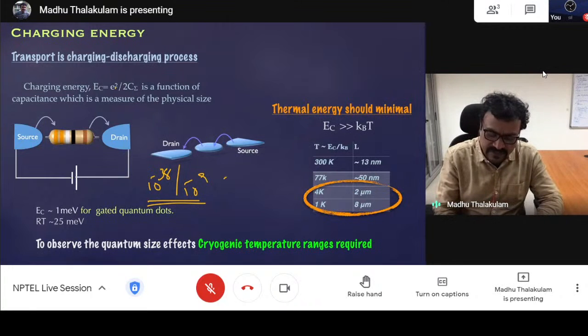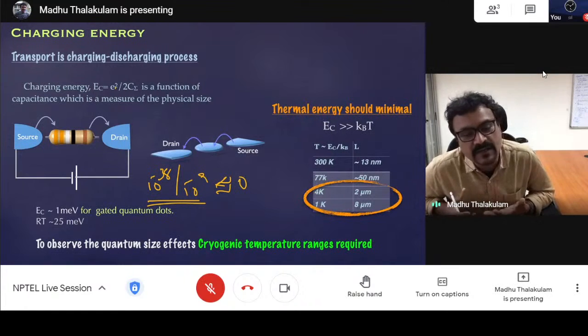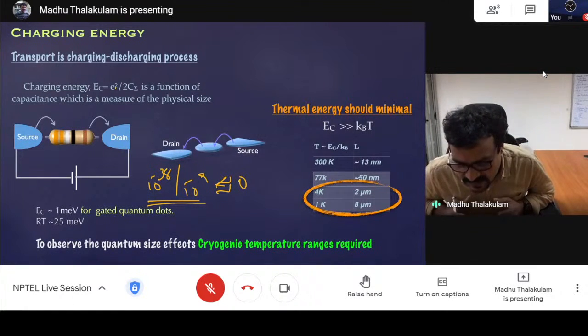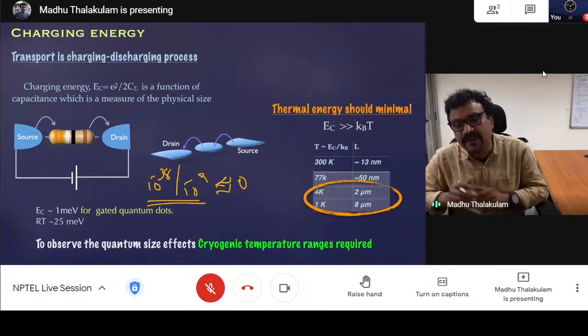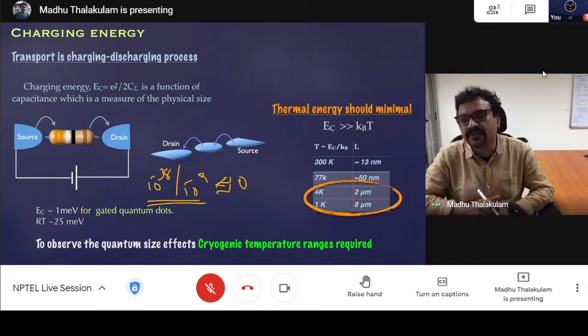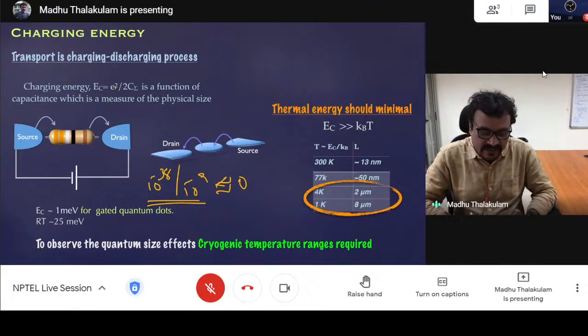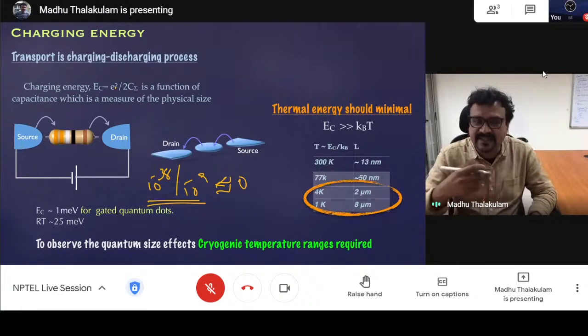So this is a very, very small number, almost equal to 0 when we consider the energy scale of the system. When I say energy scale, what that means is the energy scale given by the temperature, that is the working condition. So the charging energy is insignificant.